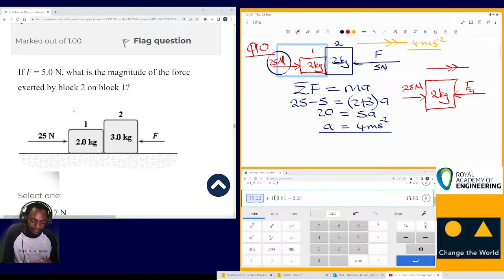Don't we say that the sum of the forces acting on the object is equal to mass multiplied by acceleration? So it's going to be 25 minus F2 on 1 equals 2 multiplied by 4.